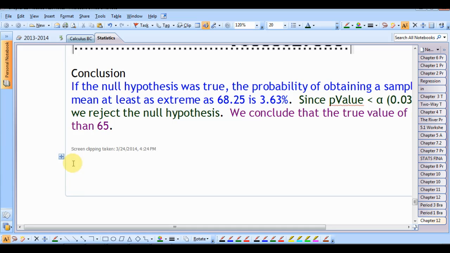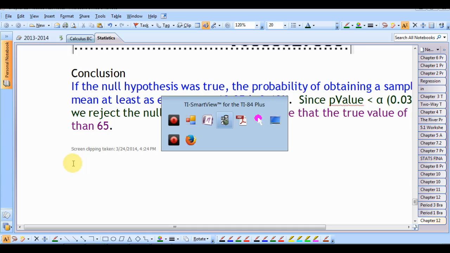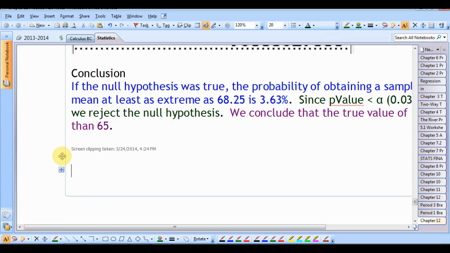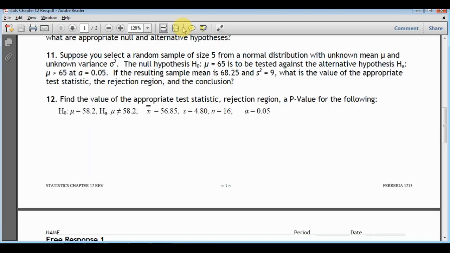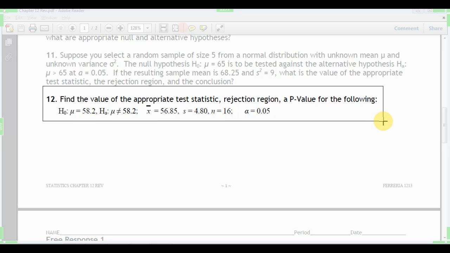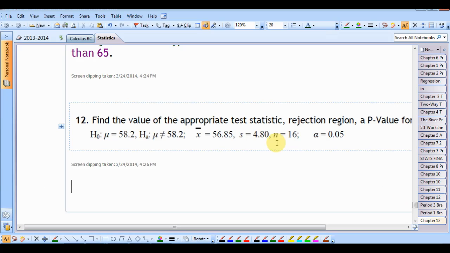Okay, 12. And then we have requests to look at how to write a conclusion again.